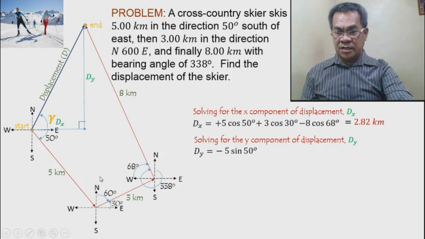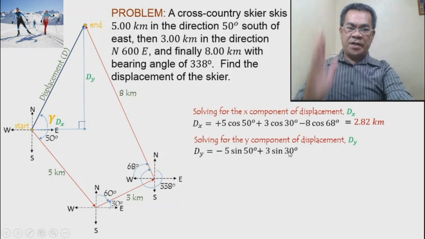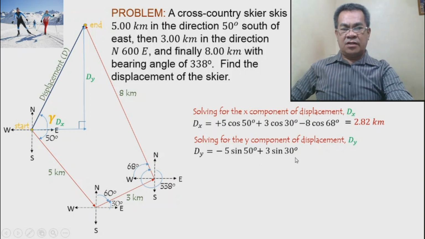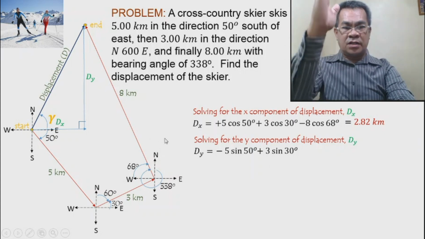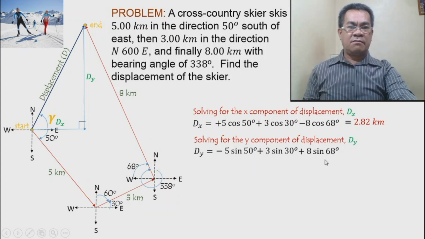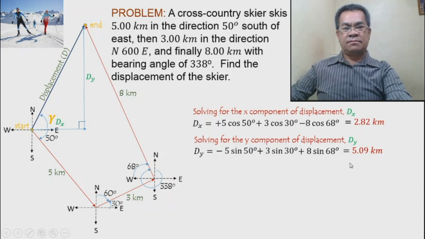The y component of this is in the first quadrant, so therefore it should be positive because upward. So 3 sine of 30 degrees. Then the 8 kilometers has the component of upward also. It should be positive 8 sine of 68 degrees. Then calculate. So we have 5.09 kilometers. Okay. So that's it.